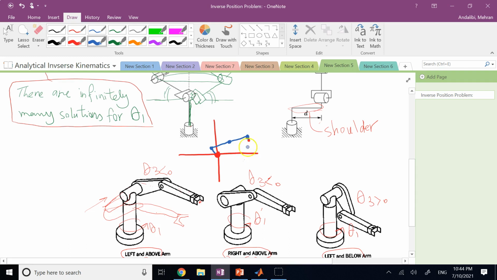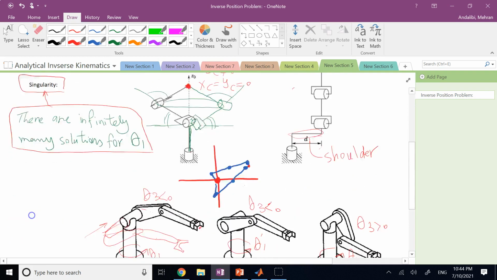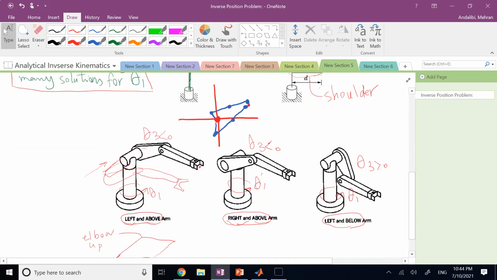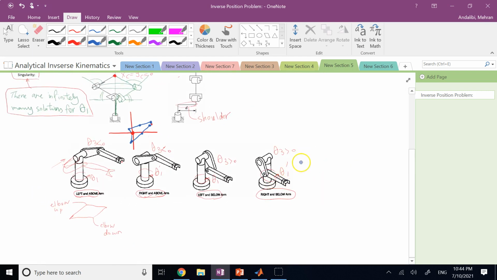The other way you can access it is with something like this. Okay, so there are 2 solutions for theta 1, there are 2 solutions for theta 3, and based on that too. So in general, just keep in mind that there are 4 solutions to the inverse position problem.